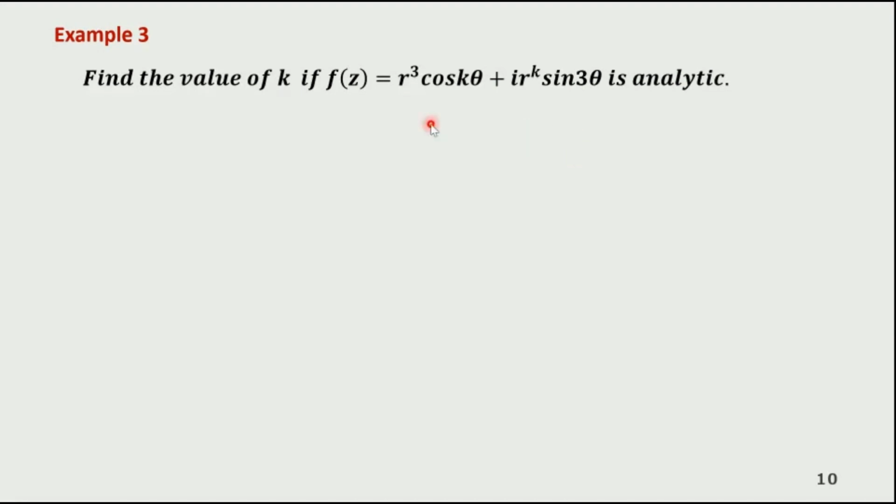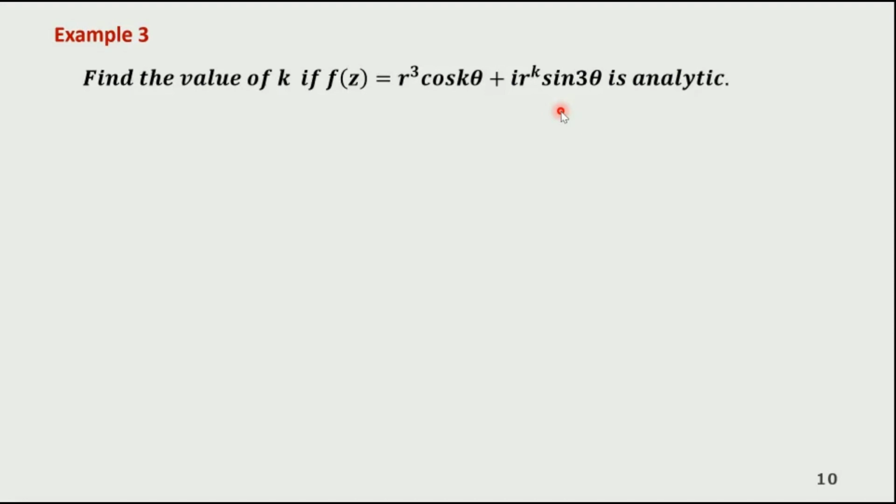Okay, since f of z is given in terms of r and theta, we have to make use of the CR equation because the function is given as analytic. यहाँ पे function analytic दिया है. अगर function analytic है तो CR equation satisfied होते हैं, but CR equations कौन सा use करना है, that will depend upon the function given. Here the function given is in terms of r and theta.